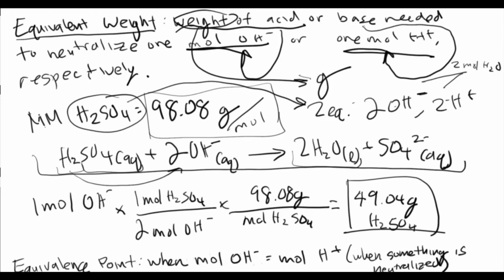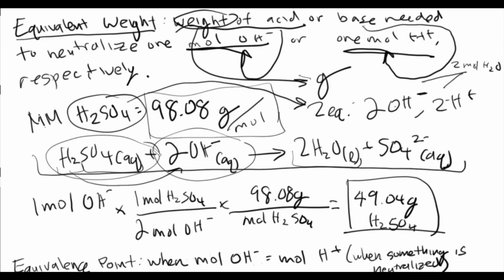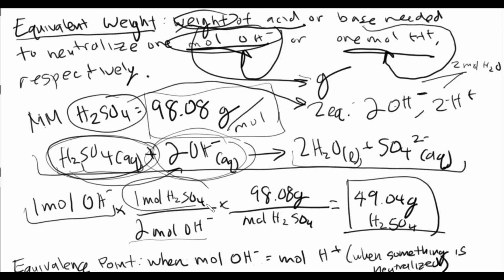And we can actually use this reaction to help us out. So we know that 1 mole of H2SO4 will be neutralized by 2 moles of OH minus. And when I say neutralized, I mean neutralized completely, as in all the H pluses are gone from the original acid. So in this case, we want to find how much H2SO4 is required to neutralize 1 mole of OH minus. I start off with 1 mole of OH minus that I want to neutralize, and according to this reaction, for every 2 moles of OH minus I want to neutralize, I need 1 mole of H2SO4.